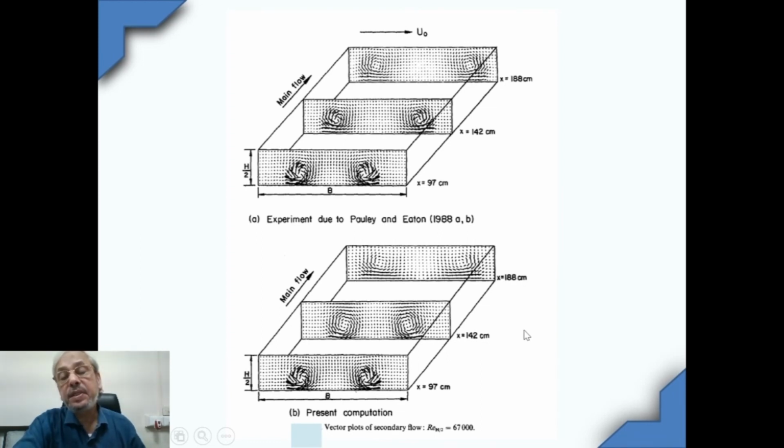But since this is turbulent flow, I will not say this is an excellent match, because matching such quantities in turbulent flow is possible, but that is not the complete confirmation.